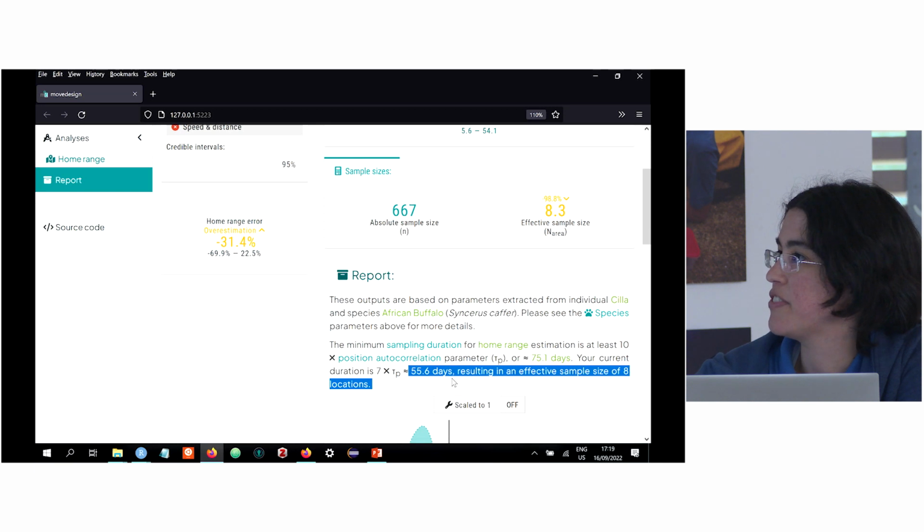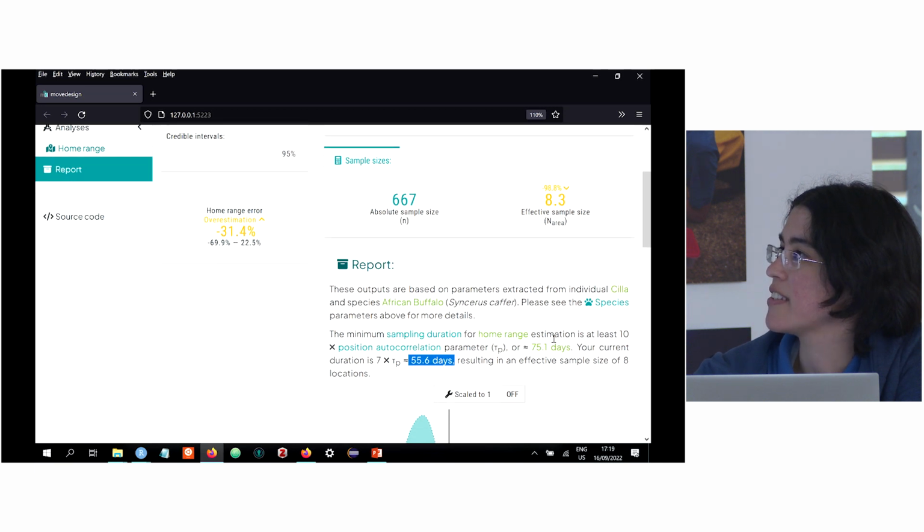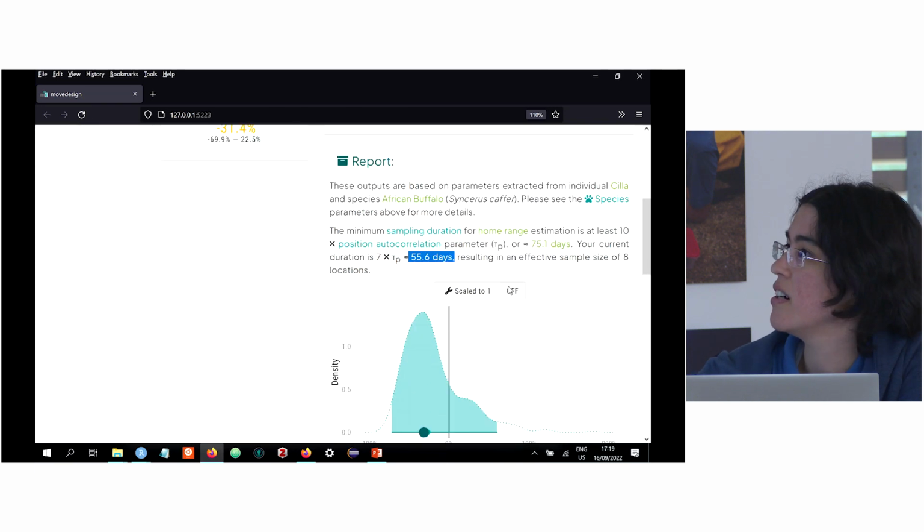Currently, we are at 55, so that's why the effective sample size is lower. It doesn't approach the minimum recommended, but it's also not so low that we start being very concerned.